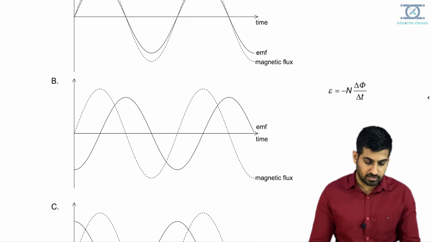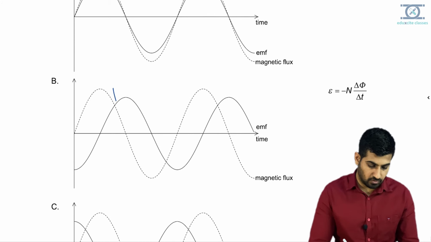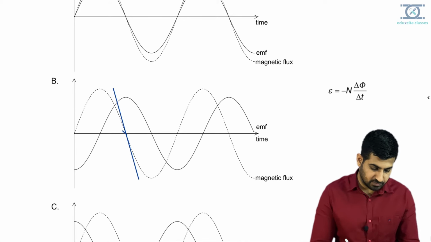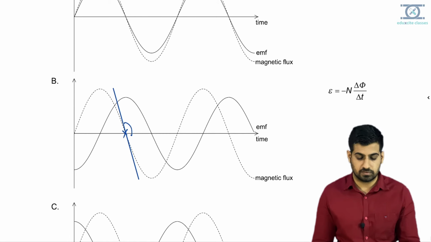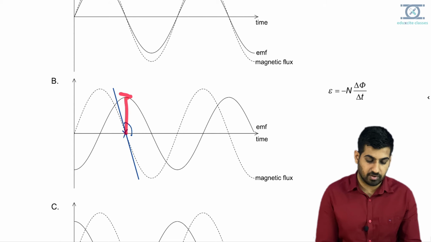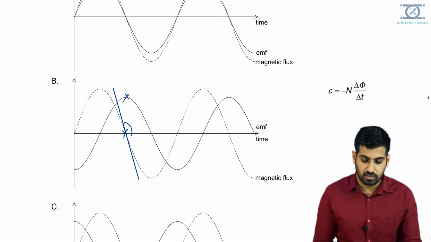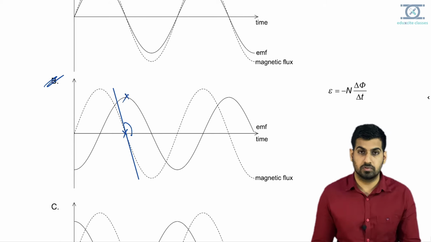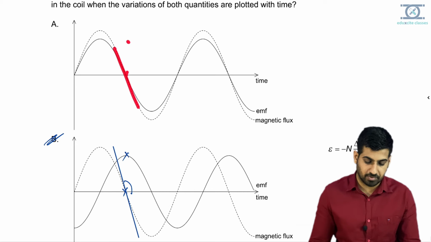So you can see in all the graphs, if I draw the tangent at this point, this is the slope, we are getting the negative slope, that is the maximum, and at this maximum I am getting the EMF, which is the maximum EMF. So only option B supports this answer. Rest all, if you see the options, at this point the EMF is not maximum.